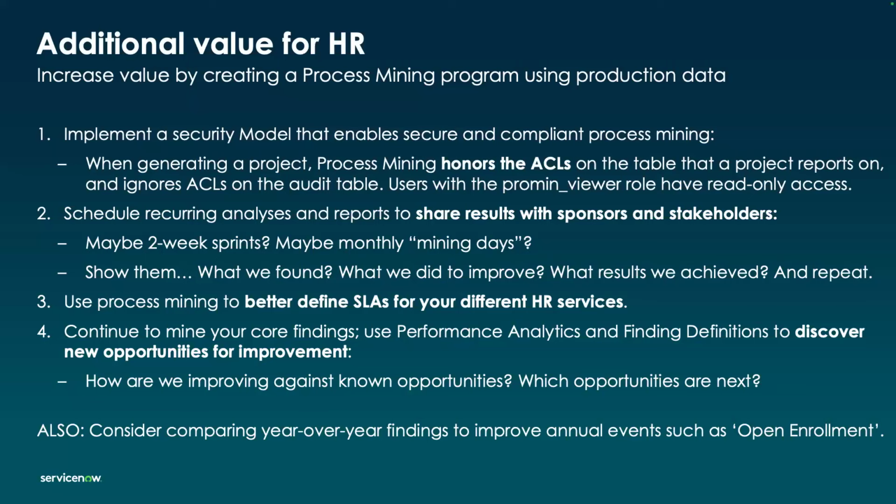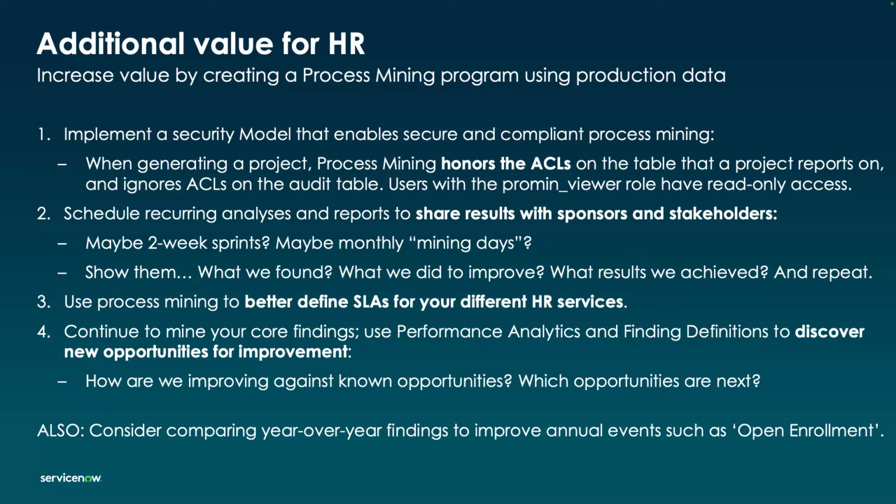And then the last thing, I have a note at the bottom here, which is those annual events, right? So we know in HR there are a number of annual events. There's open enrollment for benefits, usually on an annual basis. Maybe you do your yearly performance assessments on an annual basis. And so one of the things you can do with process mining is look at those HR services at the point where they're performed, right?